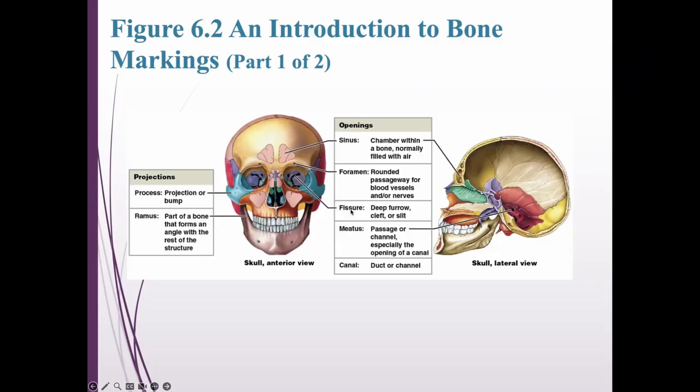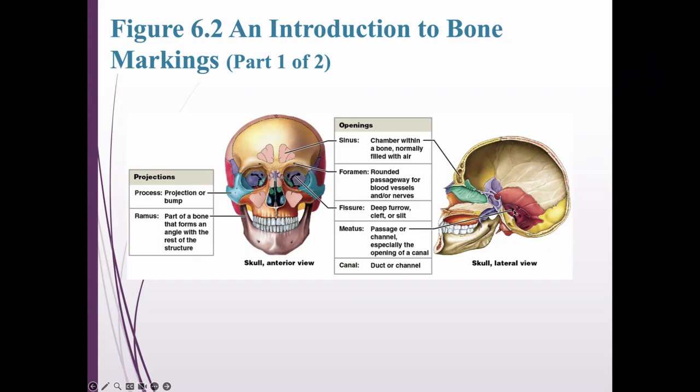A fissure is basically a slit. Do you see how there's a slit in the back of the eye socket? That is a fissure. A meatus is going to be a passage or a channel, especially the opening of that canal. Okay. It's just going to be the area in which it opens, a little bit different than a foramen.